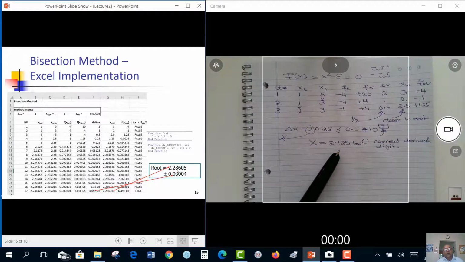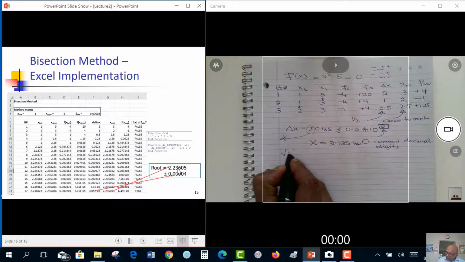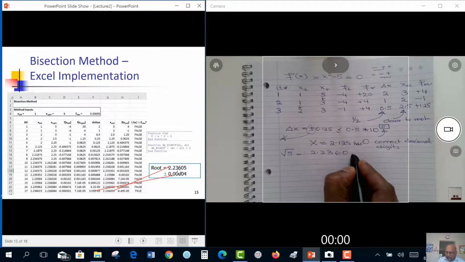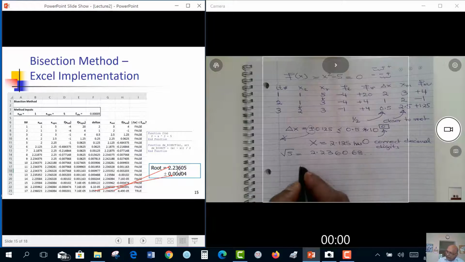So this particular result that we have, 2.23605, is good to 4 correct decimal digits. If you look at the square root of 5, it is 2.236068 rounded.